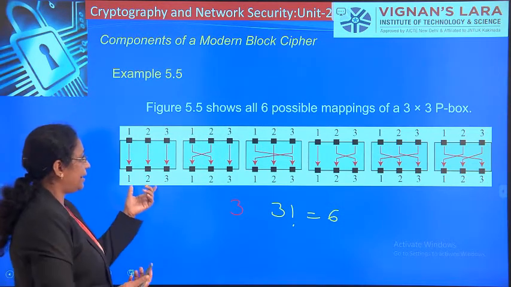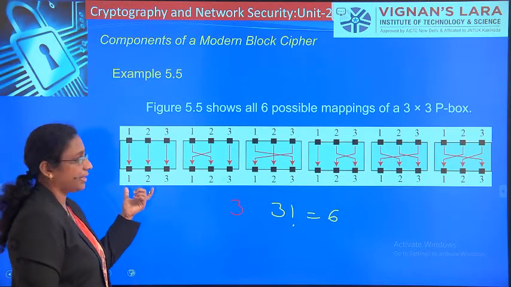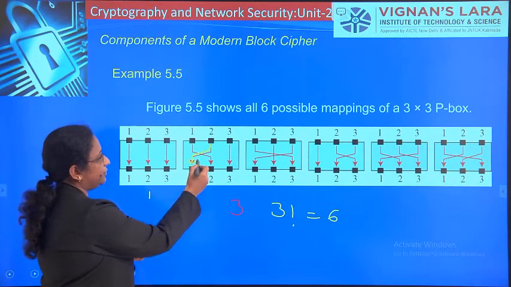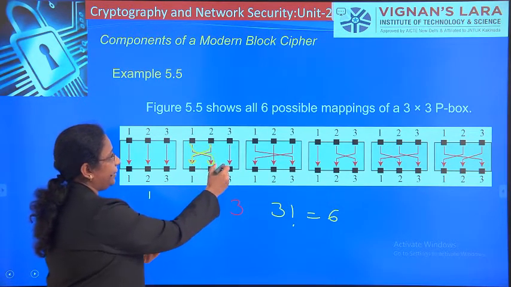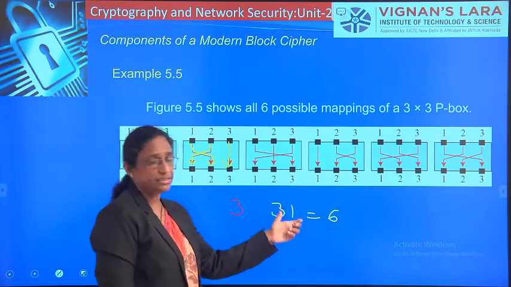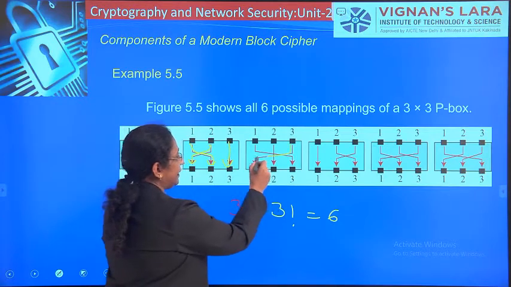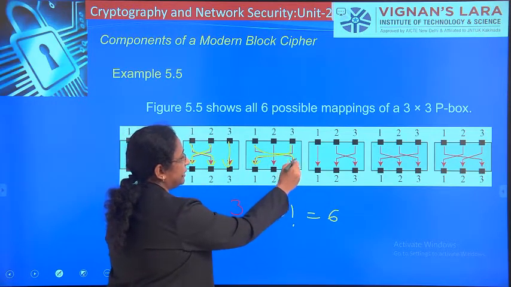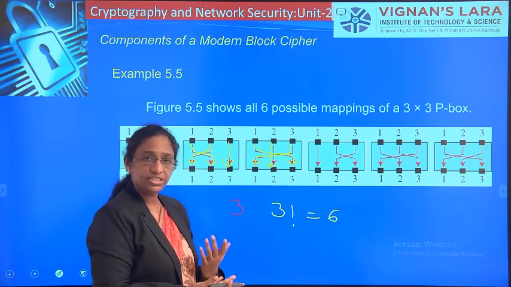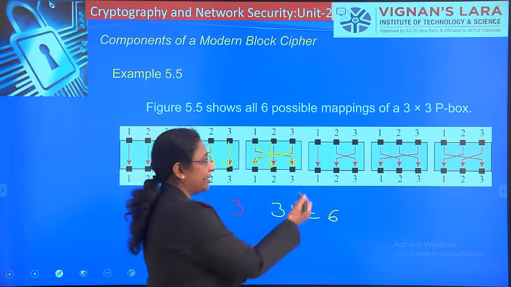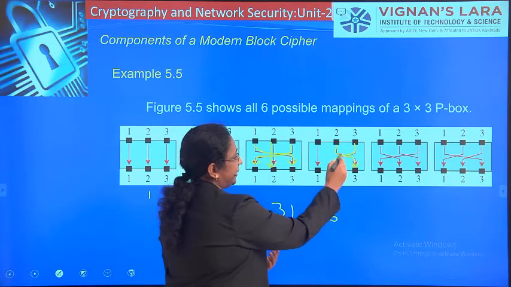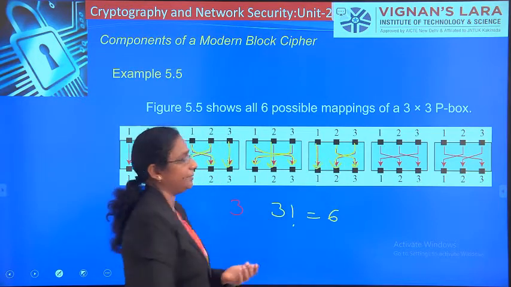This is the first permutation. You can permute in this way, or in this way, where the first bit becomes the second bit, the second becomes the first, and the third bit stays as it is. Or you can permute where the third bit becomes the first bit, the first becomes the third, and the second stays the second. Or where the second bit becomes the third, the third becomes the second, and the first remains the same.